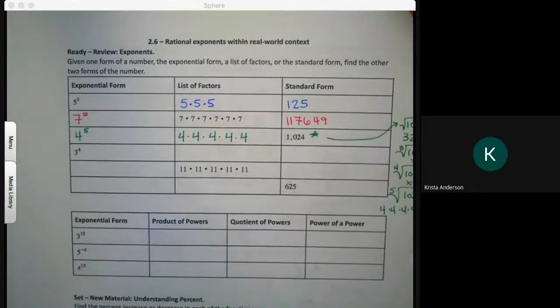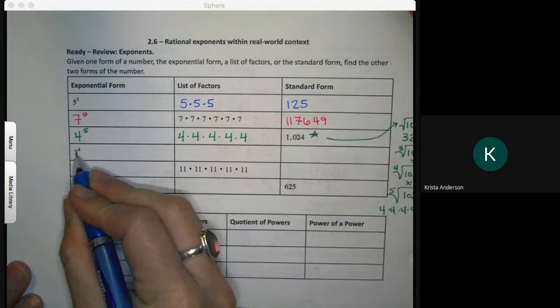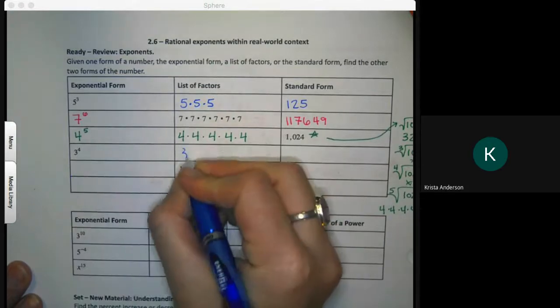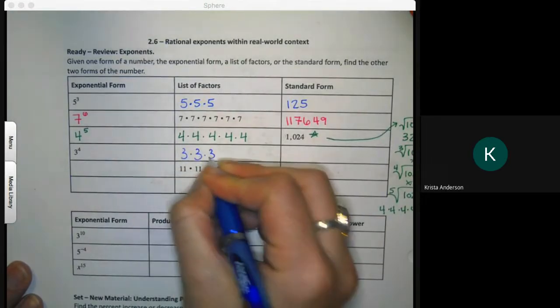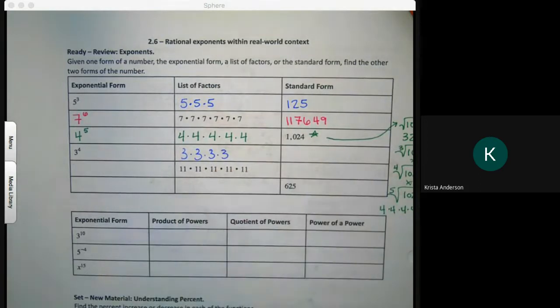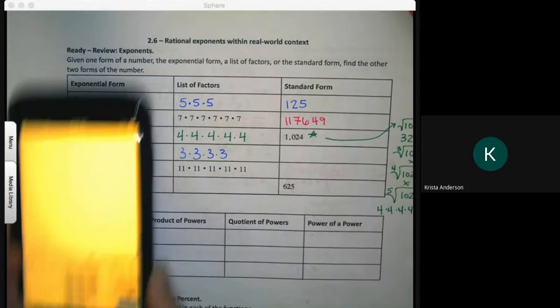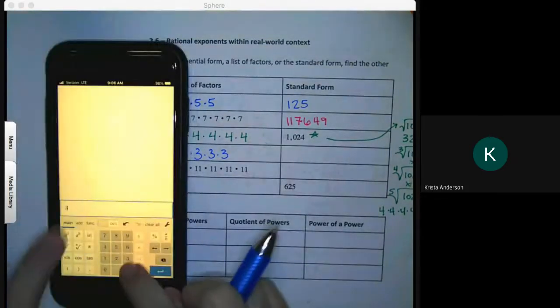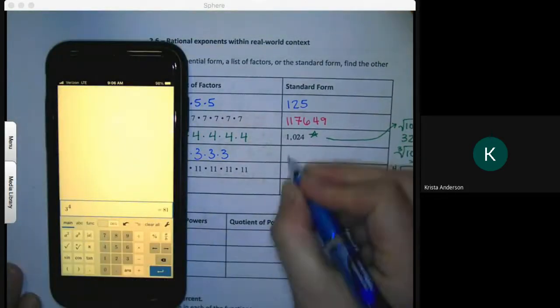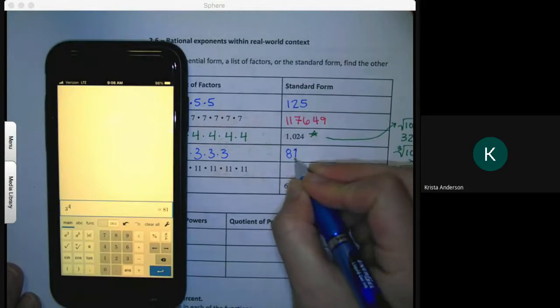Okay, now we're back to having a power. I like these ones. I need to write 3 four times. 1, 2, 3, 4. That's my list of factors. When I multiply it, I'm just going to type in 3 to the power of 4, which is 81.